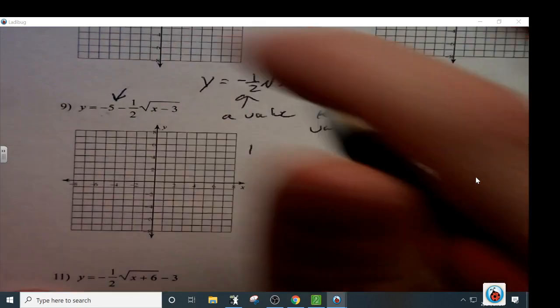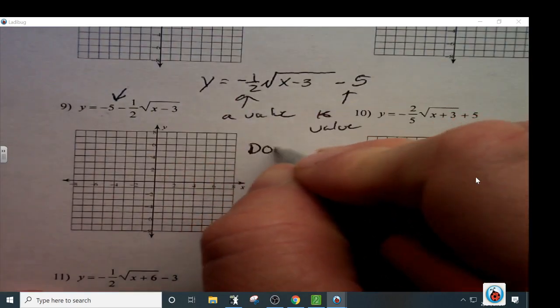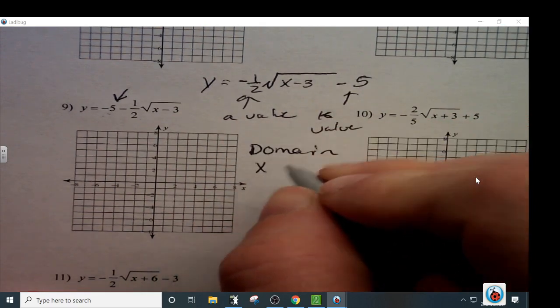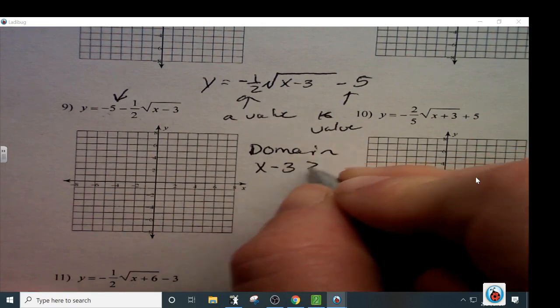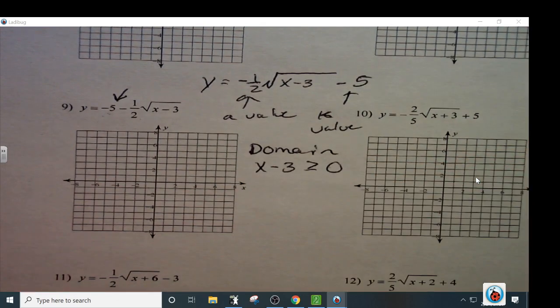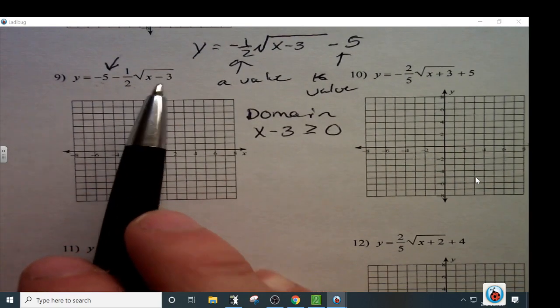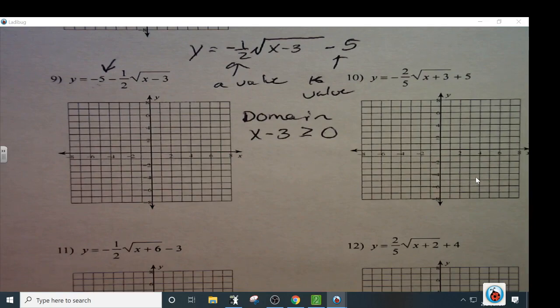Good. So my domain is what's underneath the radical, set greater than or equal to 0. The reason why is because if not, it's going to give me an error message. Remember the error message we got on our last one?